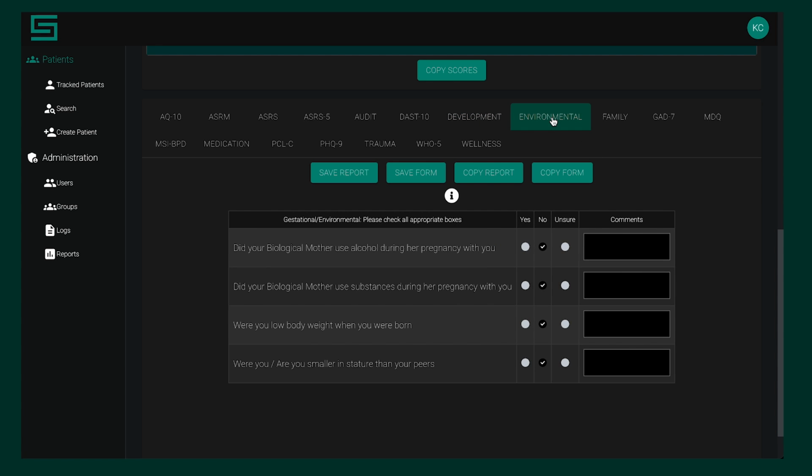Our environmental section looks at ruling out or needing to check in with the client about possible fetal alcohol syndrome. So that's what these two questions get at. If the client's mother drank or used substances significantly while the client was in utero, you would want to potentially explore fetal alcohol syndrome, which is not something we can pull apart in Seidr.